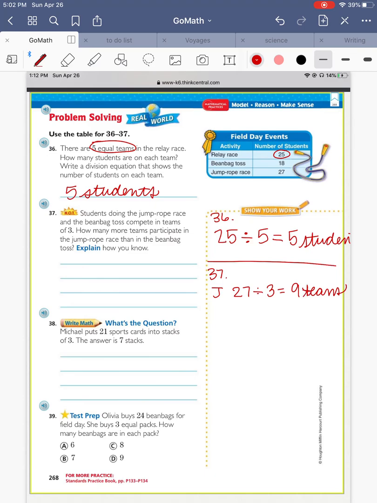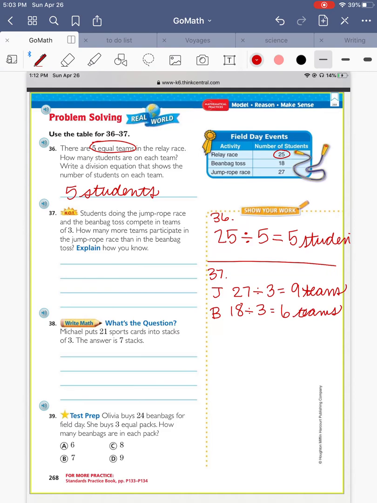Then for the beanbag toss, there are 18 total kids divided into groups of 3. 18 divided by 3 is 6. So there's 6 teams. And then it says how many more teams participate in the jump rope race than the beanbag toss.